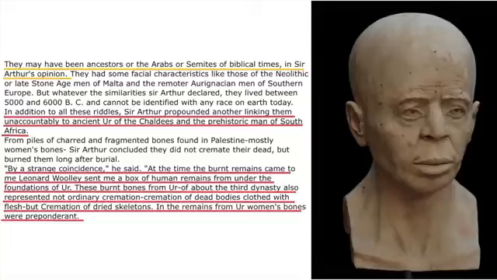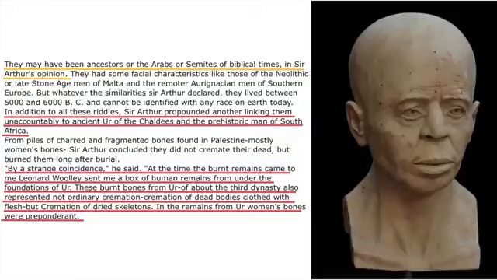And it says, in addition to these riddles, Sir Arthur Keith propounded another linking them unaccountably to ancient Ur of the Chaldees and the prehistoric man of South Africa. But a strange coincidence, he said, at the time of the burnt remains came to me. Leonard Woolley sent me a box of human remains from under the foundation of Ur.